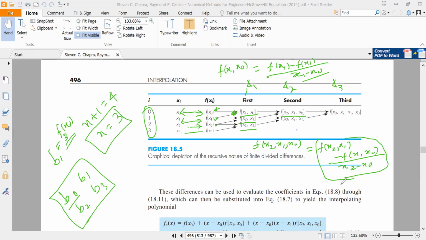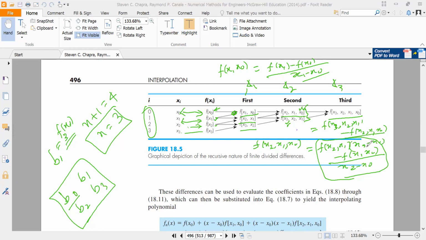Yes, sir. In the same way, you calculate the second derivative whose span is x3 to x1. Then you have your two derivatives there. You take the difference and divide it by the starting point and the end point. This is equal to f[x3, x2, x1] minus f[x2, x1, x0] divided by x3 minus x0.